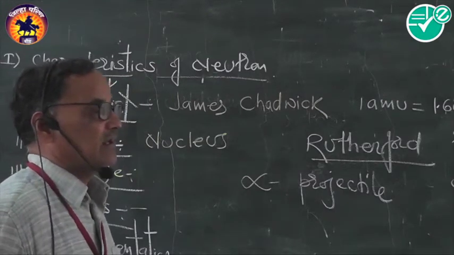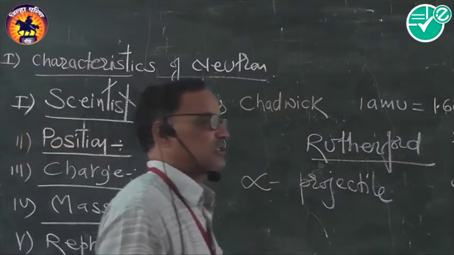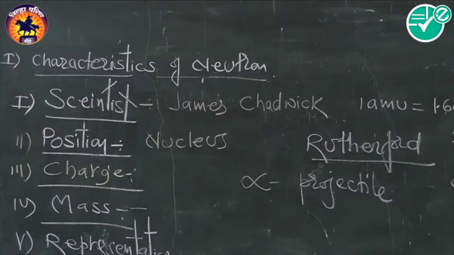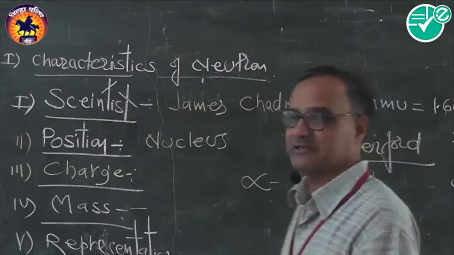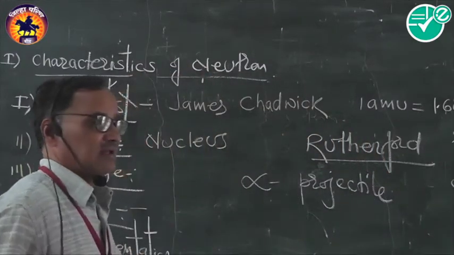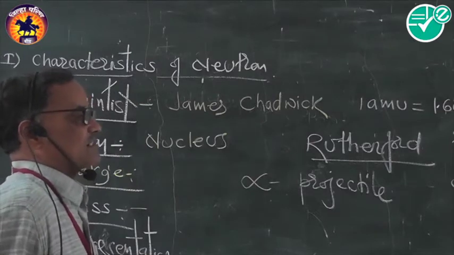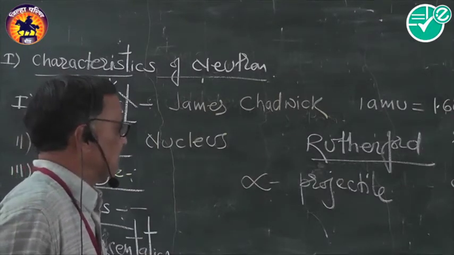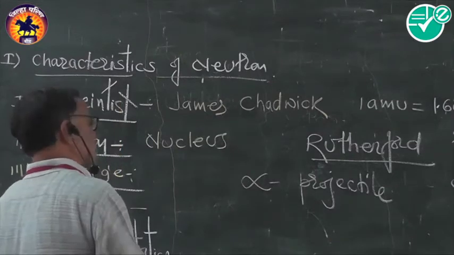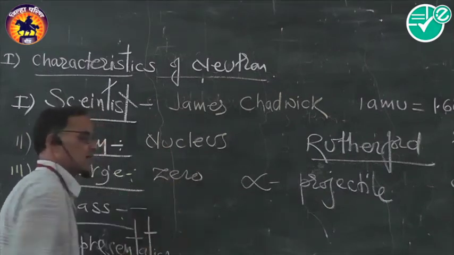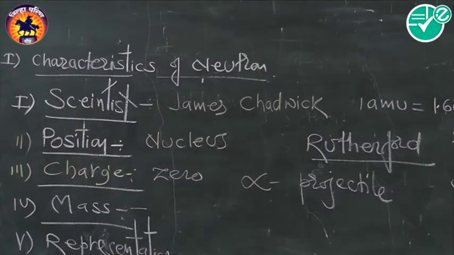When it is deflected towards the positive electrode, it carries a negative charge, and when it is deflected towards the negative electrode, it carries a positive charge. But the neutron travels in a straight line, which means neutrons are neutral in nature. They carry zero charge.